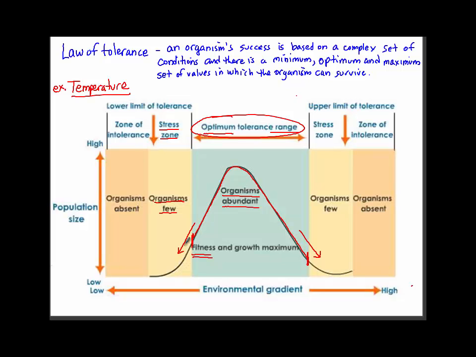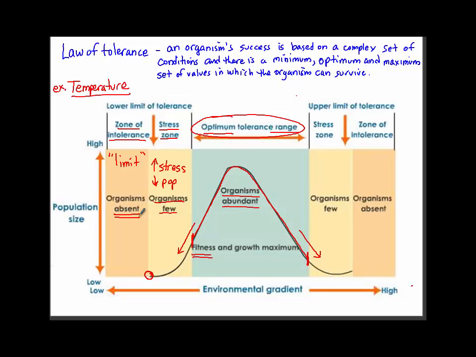So as soon as the population is stressed, the population will decrease on both sides of that limiting factor. Now, there'll be at some point down in here where you're going to enter into what's called the zone of intolerance, or what we like to call the limit. You've reached the limit, the zone of intolerance, where there will be no organisms.